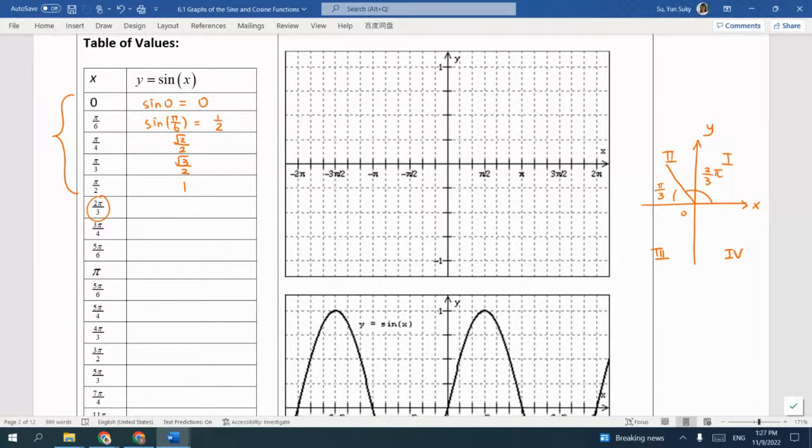Okay? And if your angle is not in the first quadrant, then sine of those values will be plus or minus sine of the reference angle. But plus or minus depends on the quadrants. Remember, in the first quadrant, sine is positive. In the second quadrant, sine is positive, because sine is the y coordinate. Above the x-axis, sine is positive.